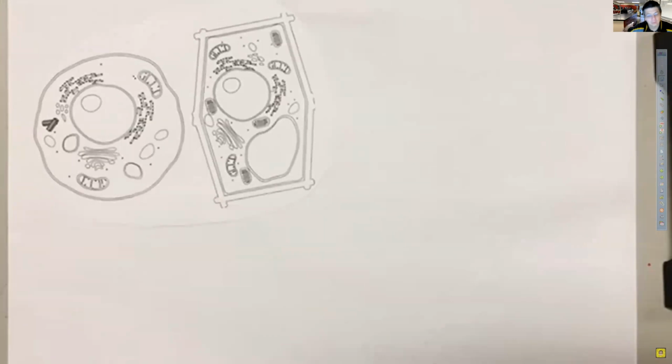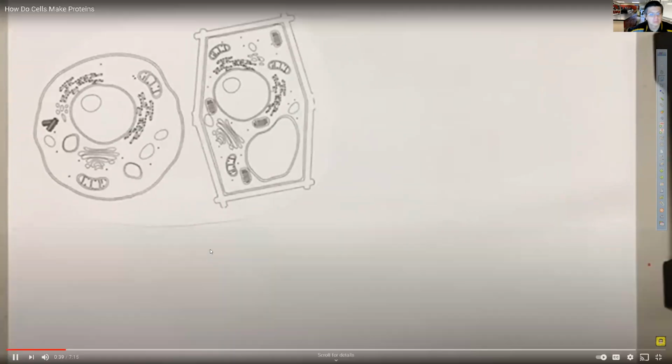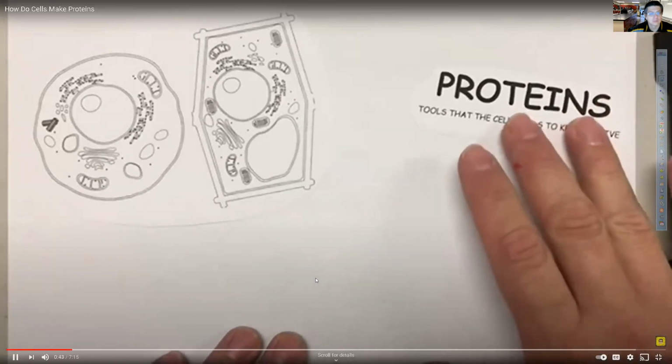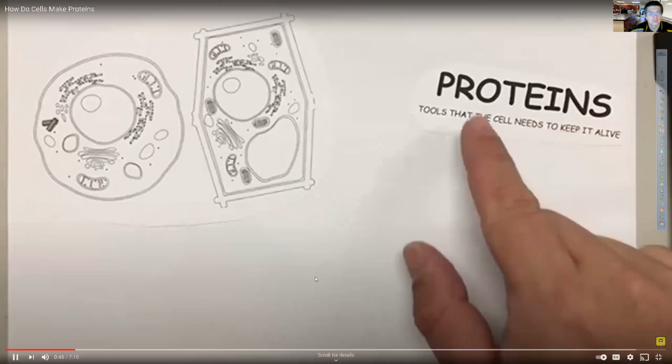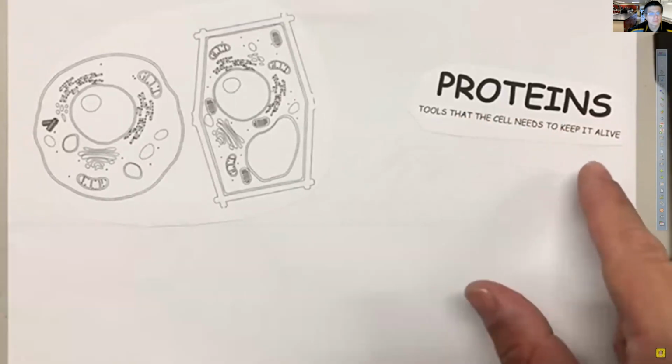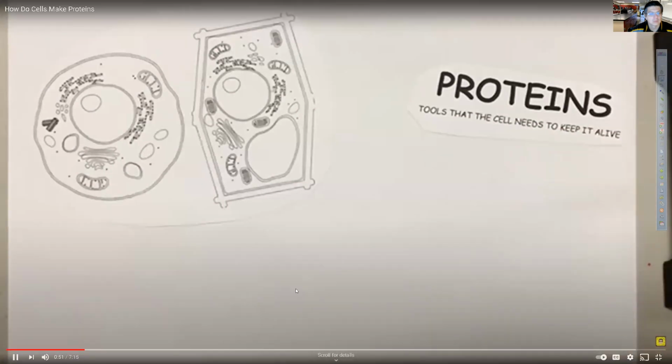And the most important concept that you need to take this year is that these cells, in order for them to stay alive, they need proteins. Okay? And proteins are tools that the cell needs to stay alive, to keep it alive, okay? All right, so let's pause it there, okay?